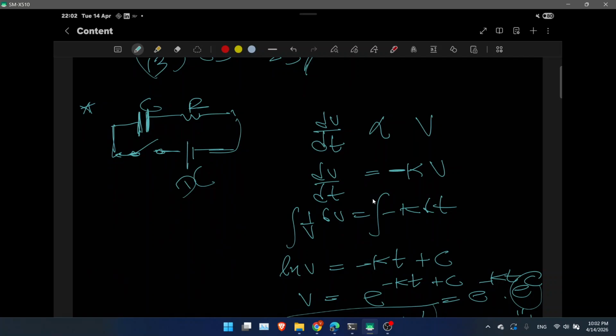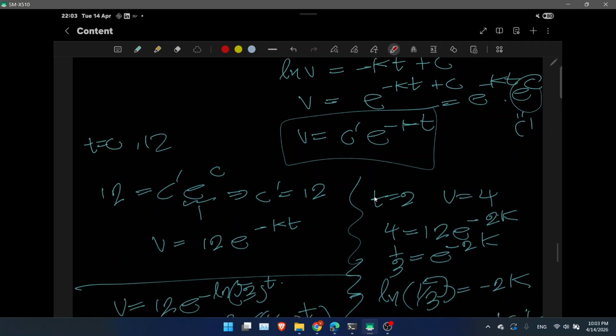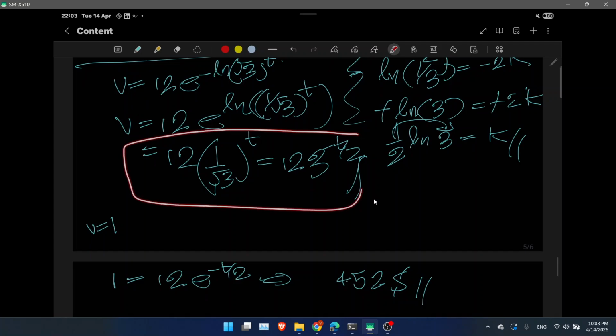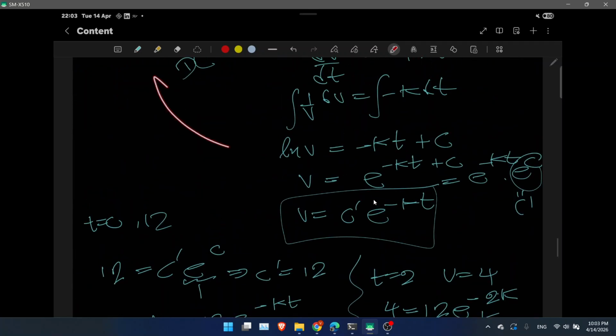So what we do is, there is always voltage across this capacitor. When the circuit is open, the charge is dissipating, so the voltage is decreasing. If you look at the graph, it is like an exponential, a decreasing graph.